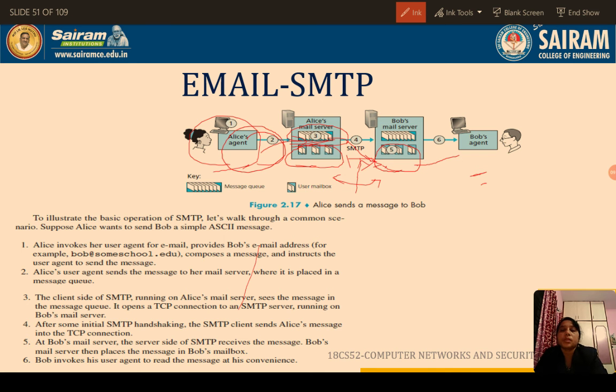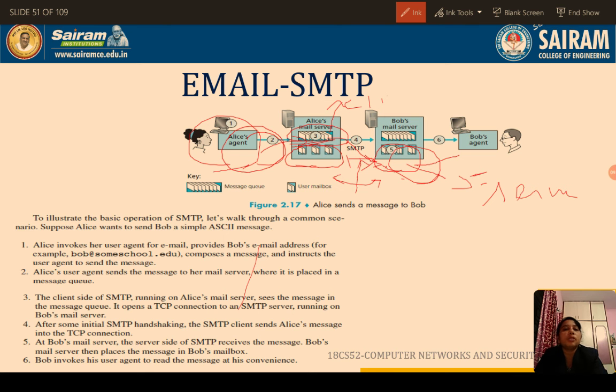The server side SMTP receives the message. So whoever is getting the messages will be called the server side. Whoever will be sending the messages will be called the client side. Clear? So this part will be called the client side and the user mailbox will be called the server side.